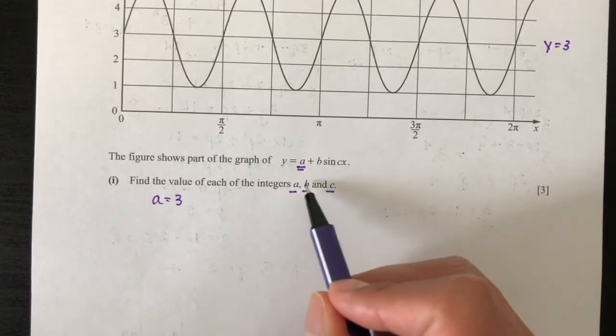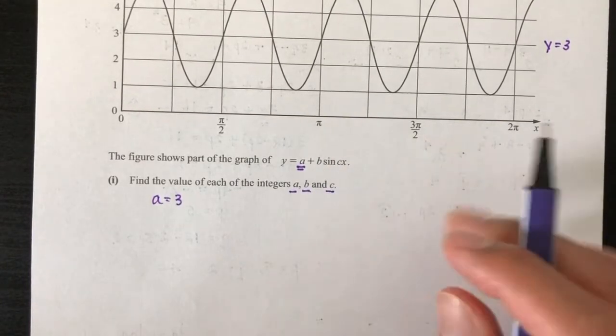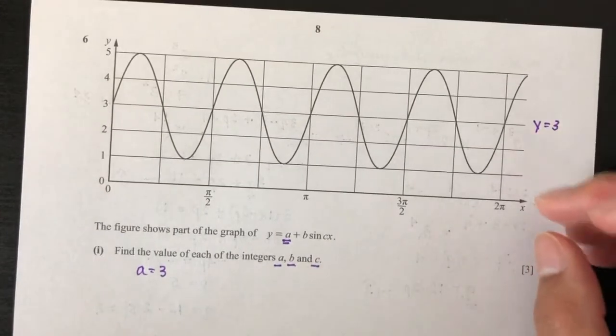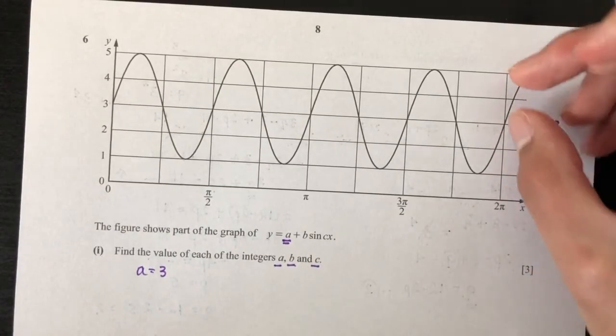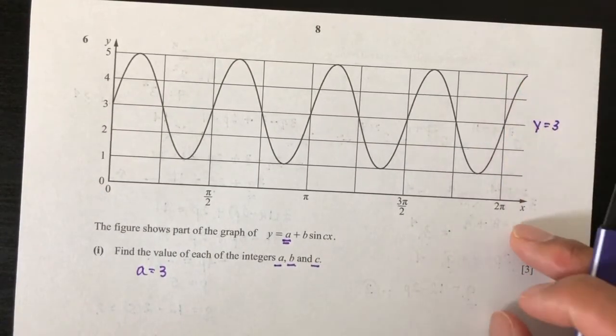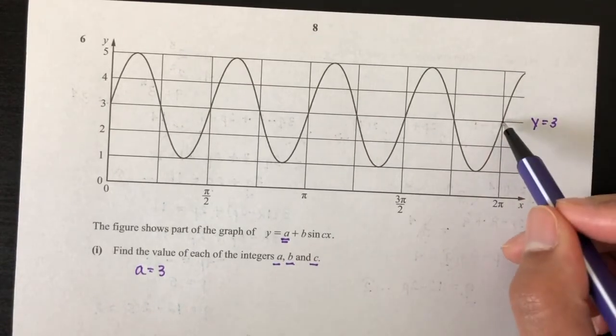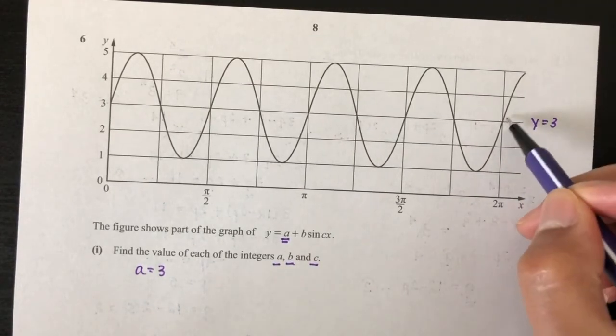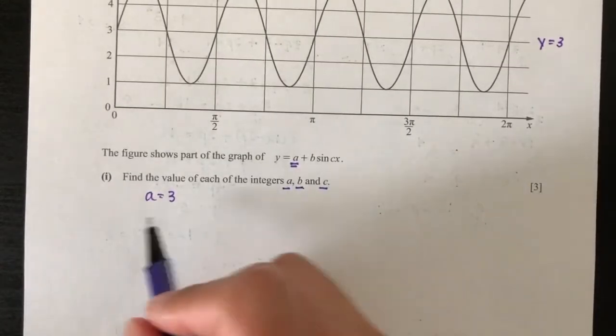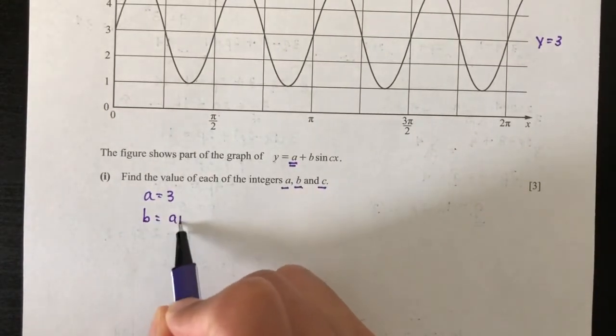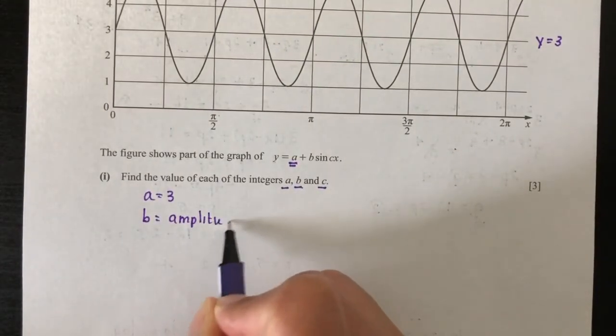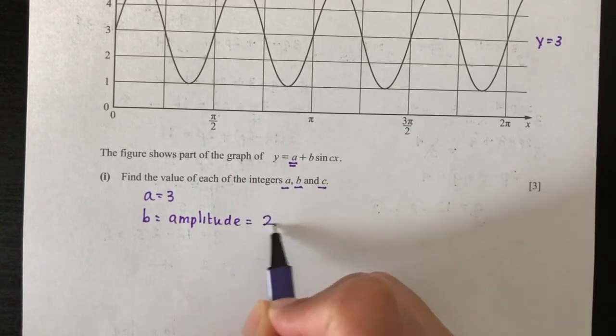Now for the value of b, b is the amplitude. Amplitude is, from the baseline, the minimum distance and the max distance on both sides. So from that line, we have 1, 2, and here we have 1, 2. So the value of b, which is your amplitude, is equal to 2.